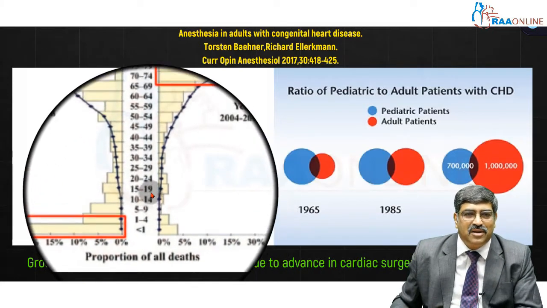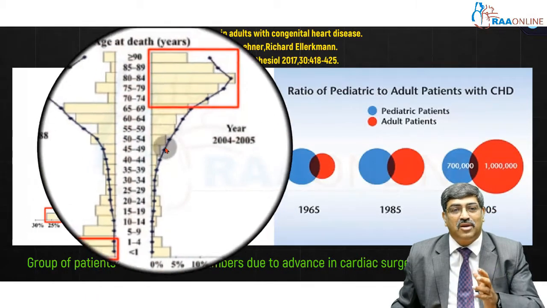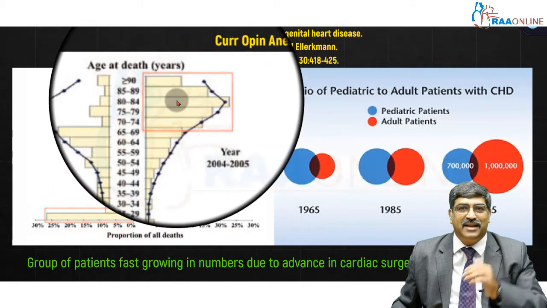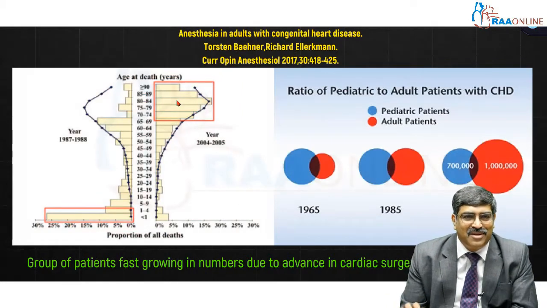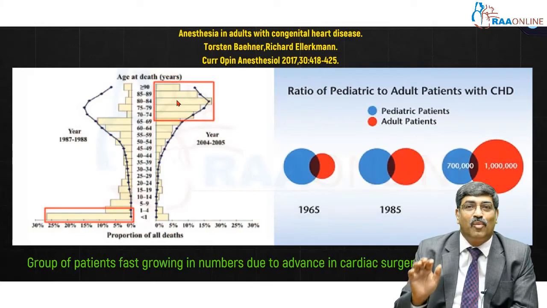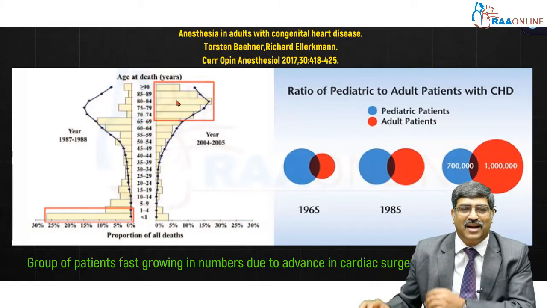Because of this, the number of children with congenital heart disease progressing into adulthood drastically increased. The clinical implication of this diagram is you are going to face more and more patients with congenital heart disease coming for non-cardiac surgery.